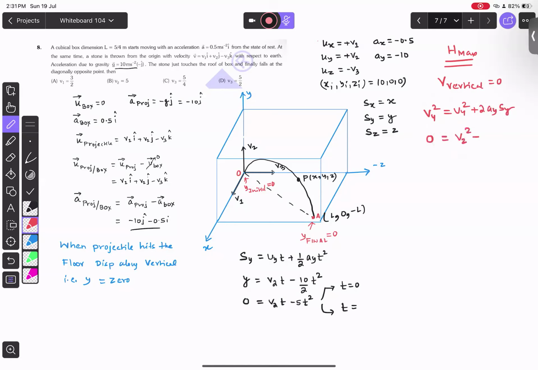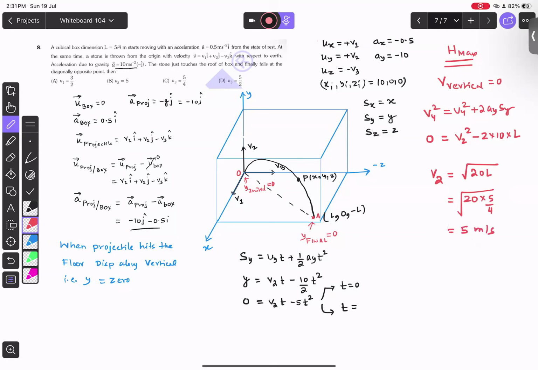Ay is minus 10. Displacement along y: the height of the room is L, so displacement along y will be L. So what do you get? V2 square is equal to 20 L. What is L? 5 by 4. So 20 into 5 by 4, what will it be? 25, no? So V2 is equal to 5 meters per second.